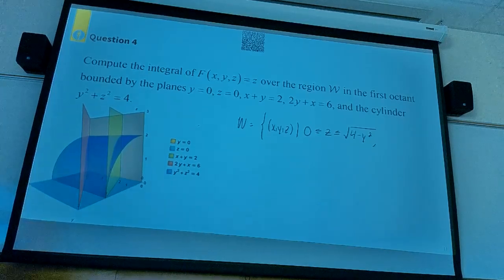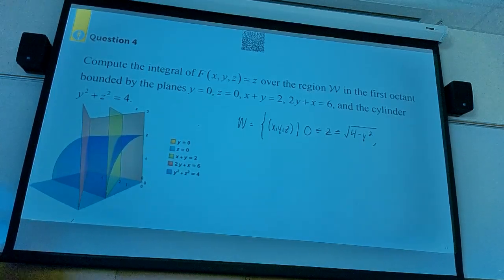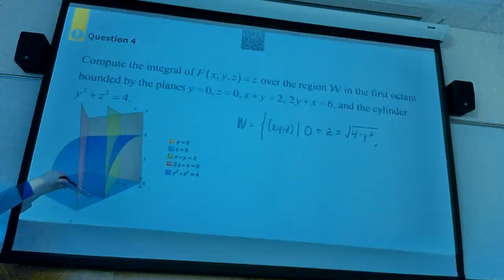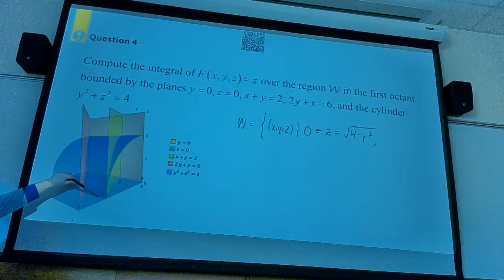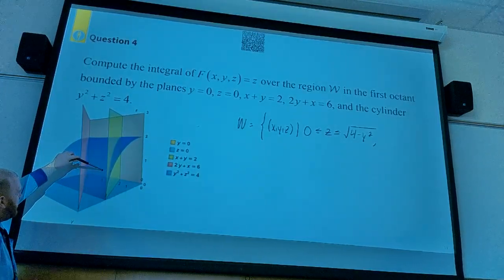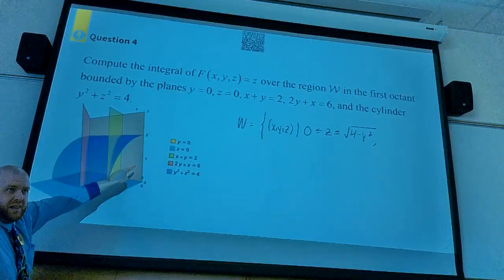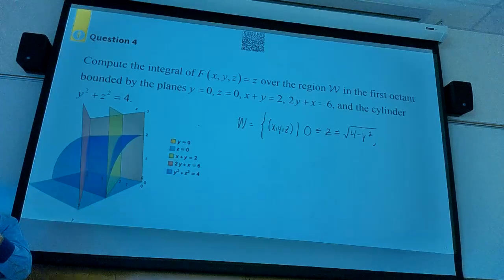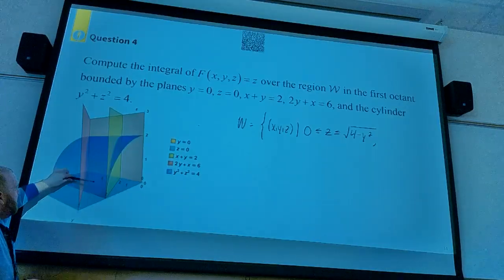Whereas when we try to do y, y would actually split. Y looks like it would start from the cylinder to the green plane first. Then it would go from the cylinder to this back plane. And at some point, it looks as if you go from the red plane to the back plane. So that's 3 separate descriptions for y. That's just hideous. But x is always going to be between two planes.